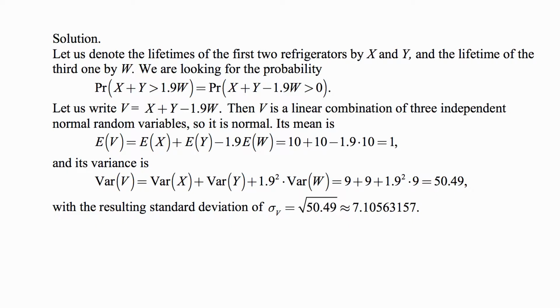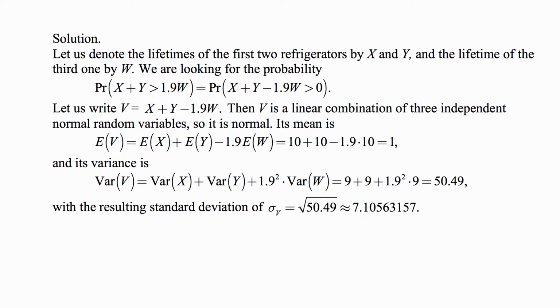The variance of a sum, actually a difference in this case, but it's a sum with one of the linear combination terms negative, of independent normal random variables, is the sum of the variances of the individual pieces. Their covariance is 0 because they're independent. So it's the variance of X plus the variance of Y plus 1.9 squared times the variance of W.